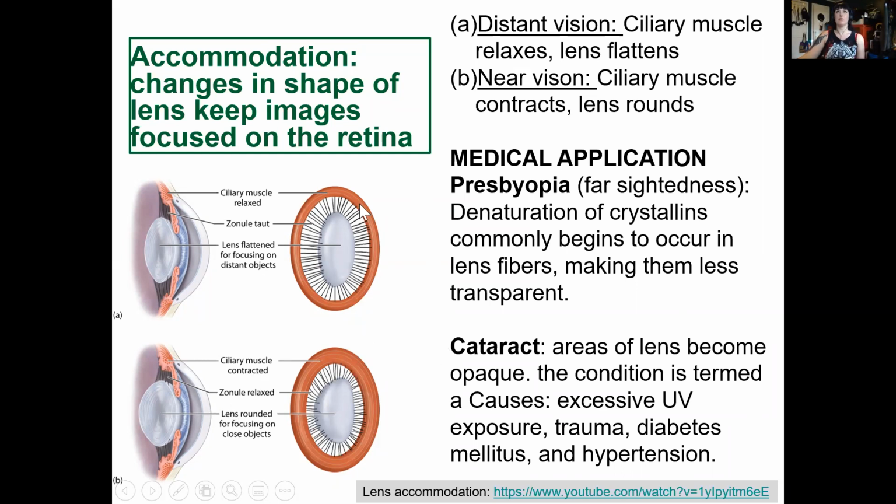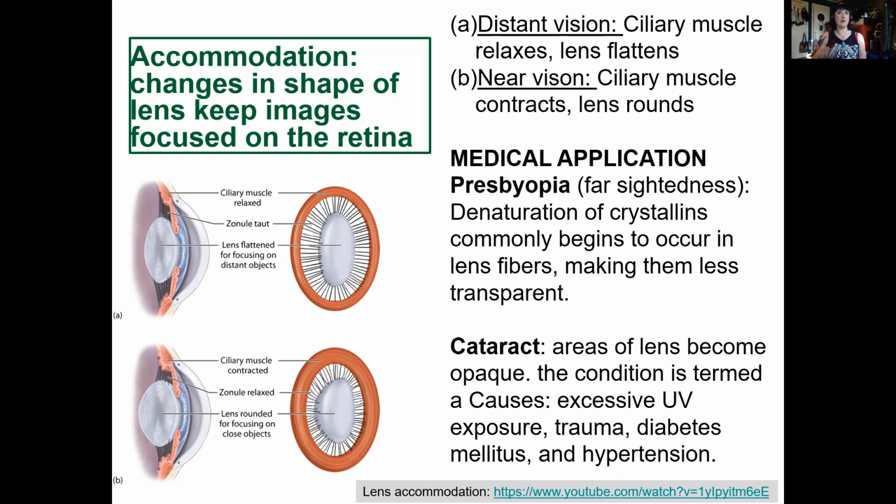So that accounts for the need for readers. It's not the same as cataracts or presbyopia. This is denaturization or denaturation of crystallines. So essentially those crystalline proteins that are produced during the hypertrophic and apoptotic stage in the lens begin to unfold a little bit with age.